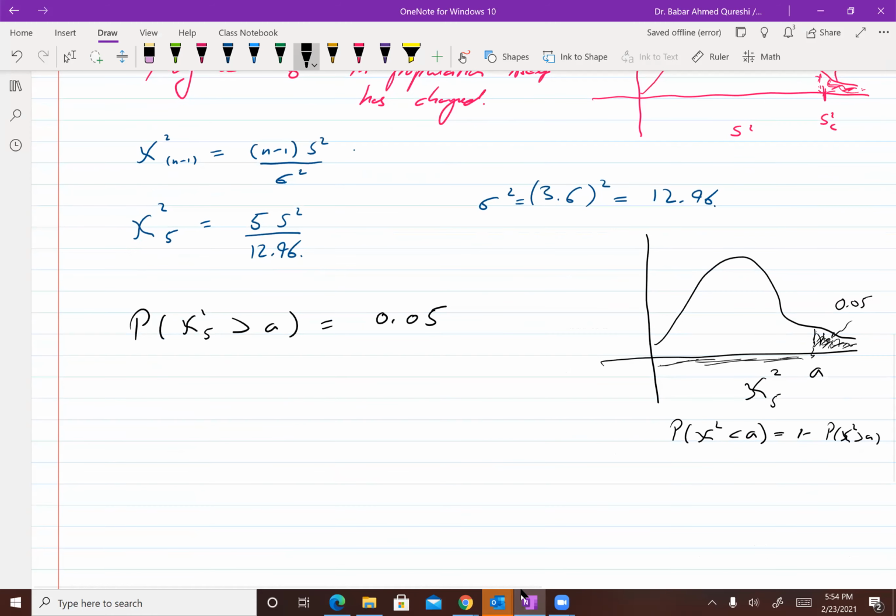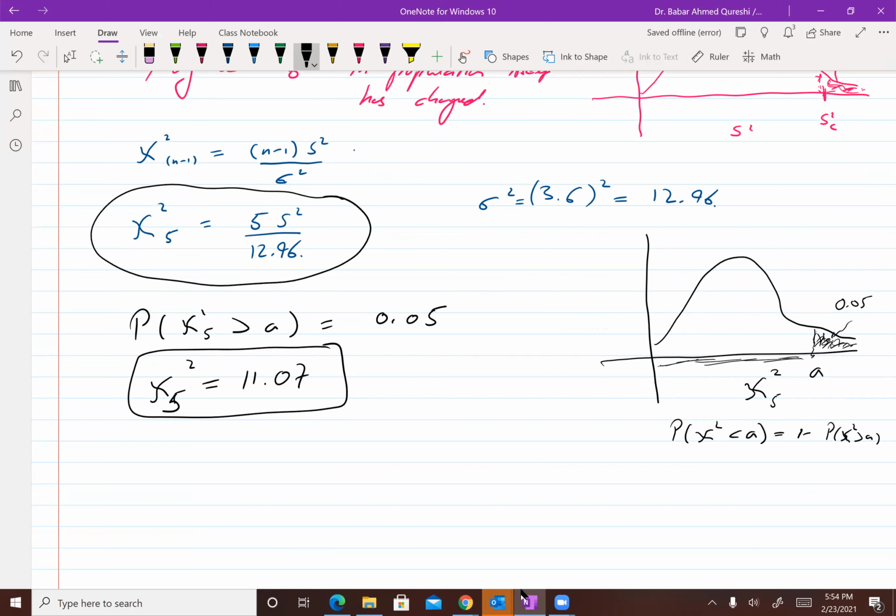So this gives me the chi variable to be, let's pick up this value from the table. And then I use this expression to compute S square, which is 28.69.